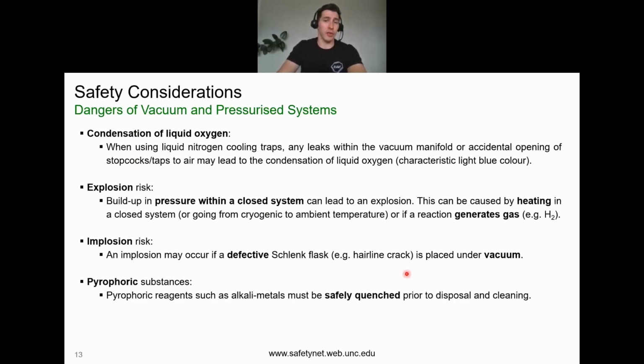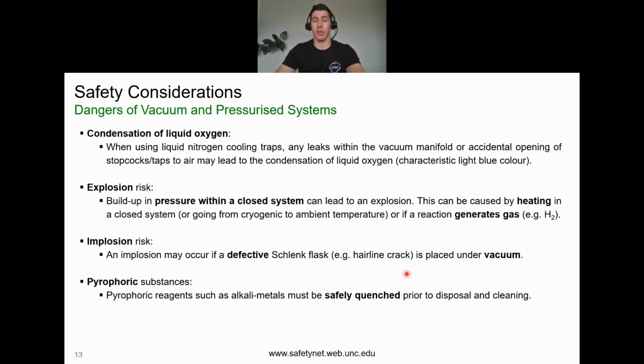As mentioned a few times, we are very frequently handling pyrophoric substances. So we need to safely quench these prior to disposal and cleaning, but we also need to have appropriate fire safety measures in place. That'll include a fire blanket, sand, and an extinguisher. Sometimes you may want supervision from a more senior member of the group.